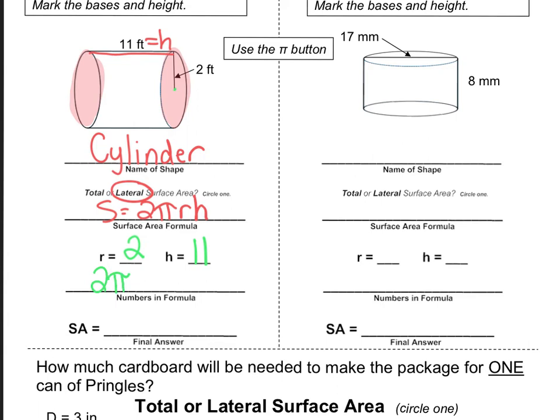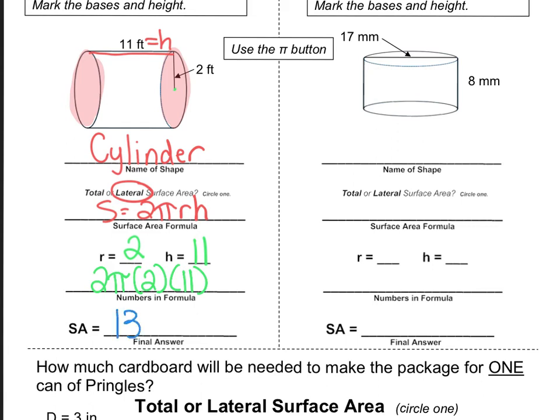So we're going to plug that in. 2 pi times the radius of 2 times the height of 11. Go ahead and put that into your calculator and round to the nearest tenth, 1 decimal place.